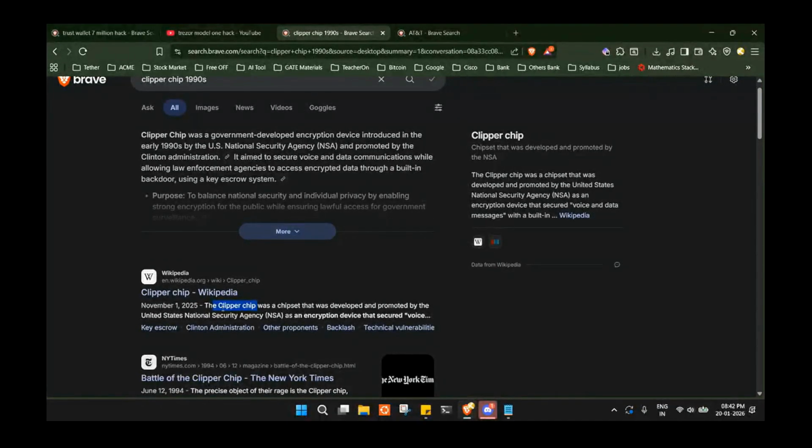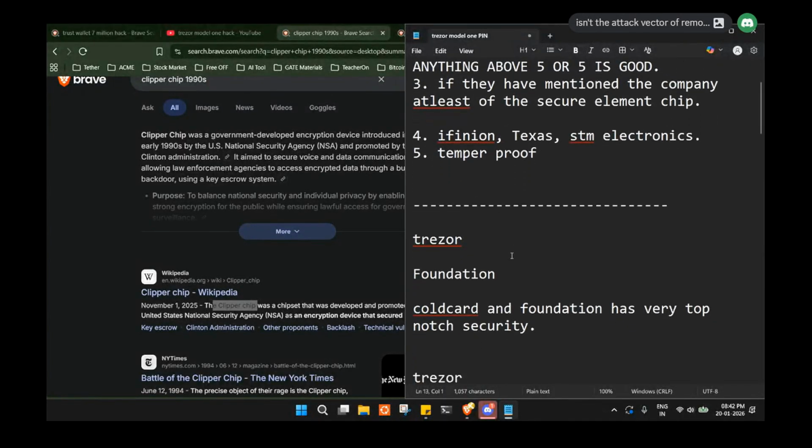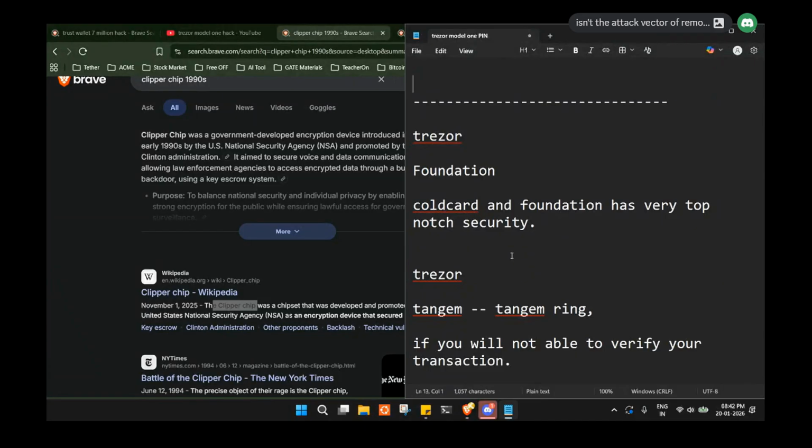If they want to decrypt what you are communicating with others, they can do that. So yes, maybe secure element chip vendors like Texas and STMicroelectronics will not do this because they will not get any benefit. But suppose these are US based companies or China based companies, and the Chinese government says, put something in this so we can trace what these guys are doing. They can do that. So you have to keep all these things in mind when you are choosing the right hardware wallet.